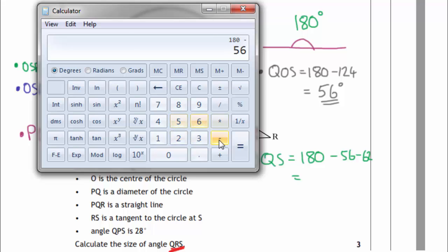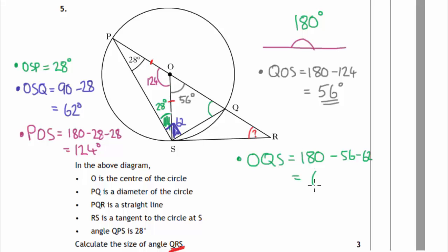There's probably even a quicker way of doing it. What I should have looked at is the fact that this is an isosceles triangle, just like this one, because two sides are the radius, so that side has to equal that side. So we're nearly there.